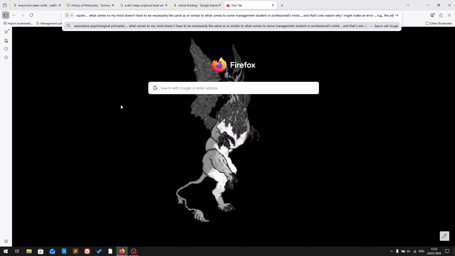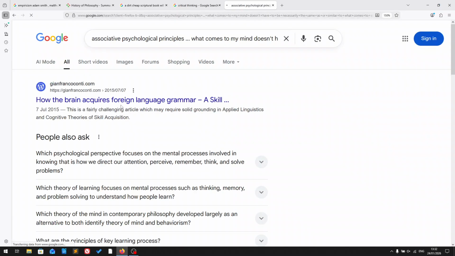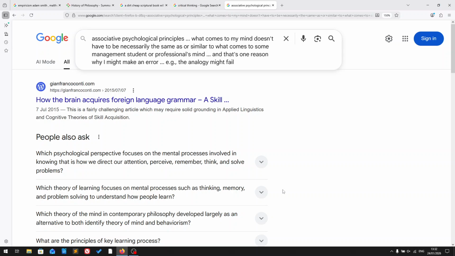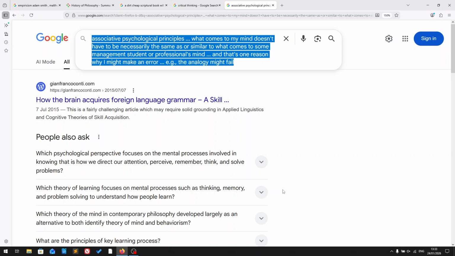For example, the analogy might fail, right? And it all happens in the brain, in a very, very short amount of time. So we are talking about an analogy coming to your mind and you deciding on one of the four options in a split second. For example, on the GMAT, your analytics are recorded as to how much time you took to answer these questions.